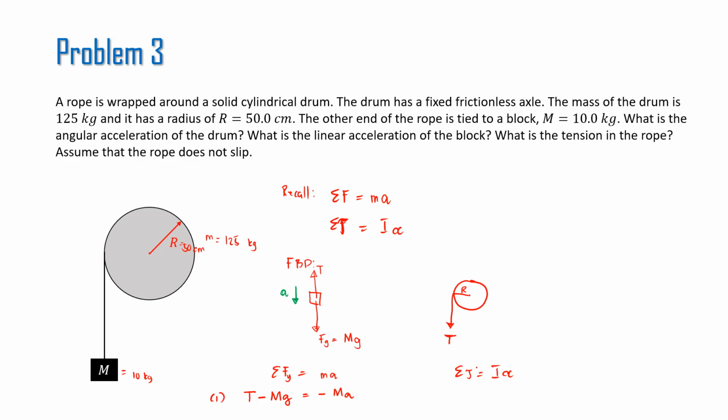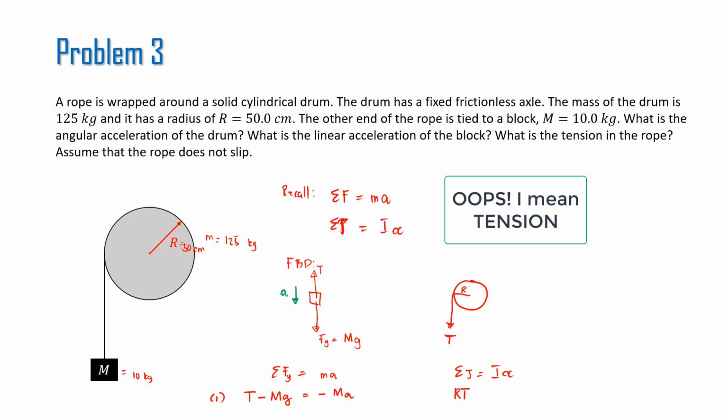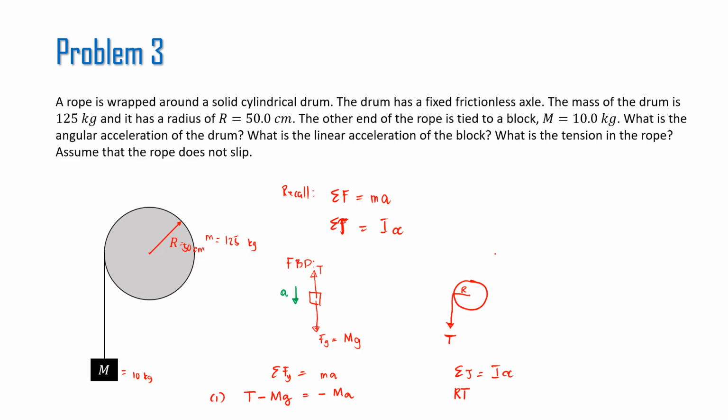And then our second equation: we have the torque, which is equal to R multiplied by the tension. Take note that the force is tangent to the drum, therefore our equation for torque will be simplified to R times F. The only force acting on the drum that we will consider is the tension force due to the block. So this is equal to I alpha.